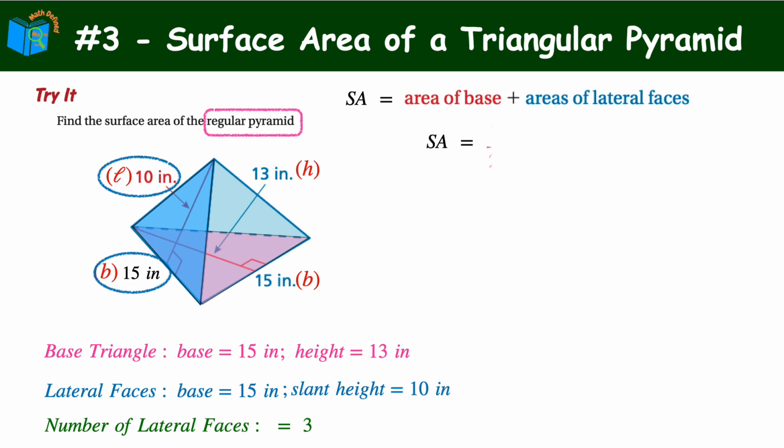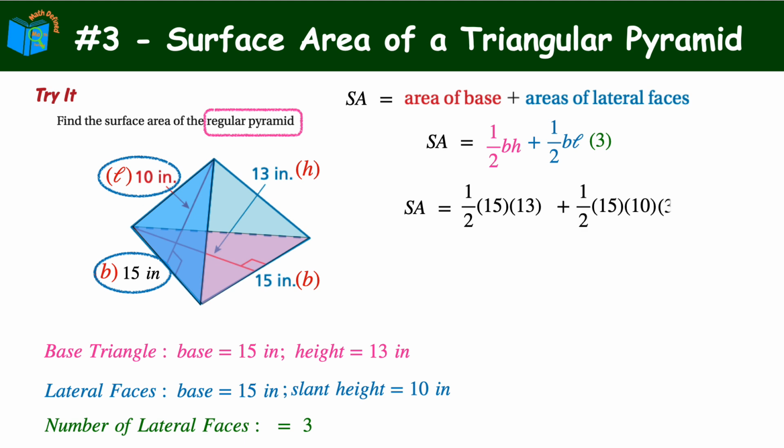Now we just find the area of the base and add to that the area of the 3 lateral faces. So let's do this. The area of the base is 1/2 times 15 times 13, and the area of the 3 lateral faces is 1/2 times 15 times 10 times 3. Let's see if we can get rid of at least one of these fractions.